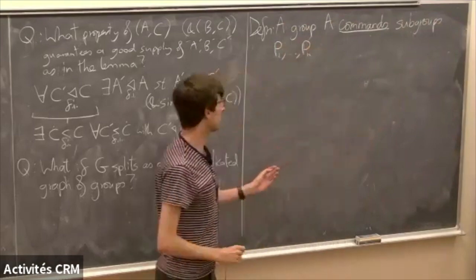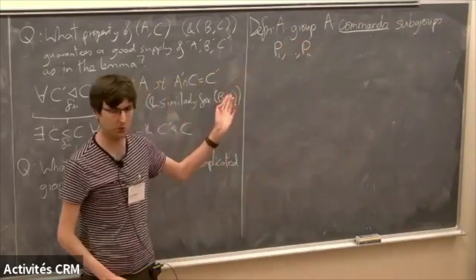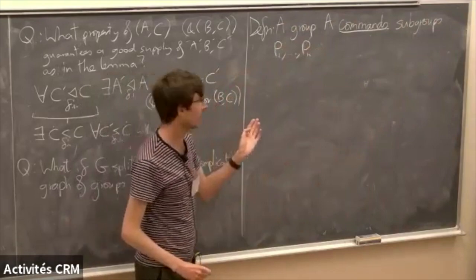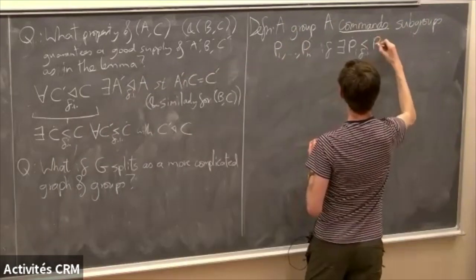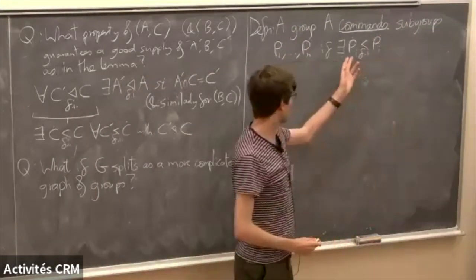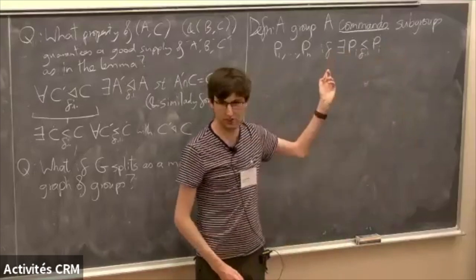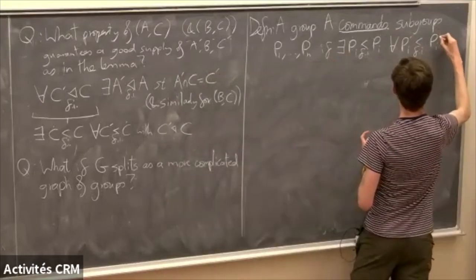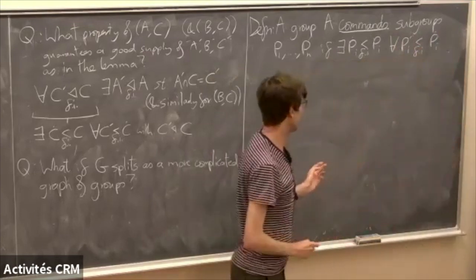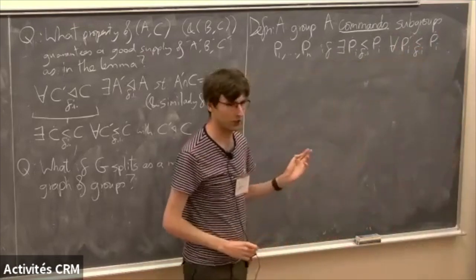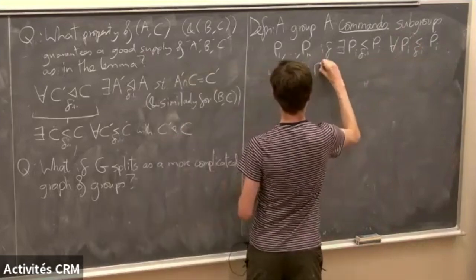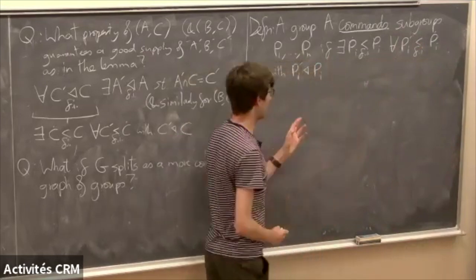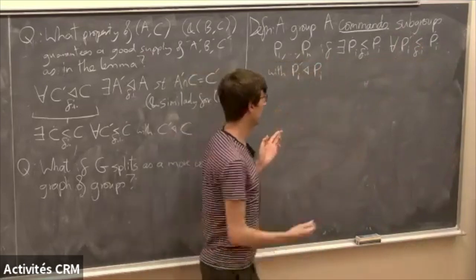So a group A commands subgroups P1 up to Pn if there exists Pi dot finite index in the Pi, such that for all Pi prime finite index in Pi dot with Pi prime normal in Pi.